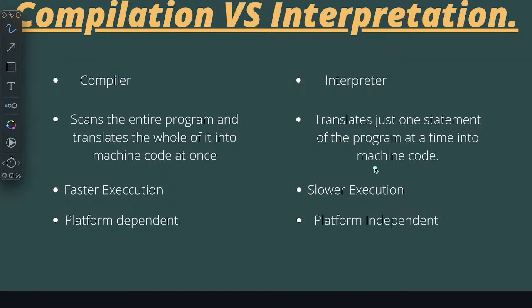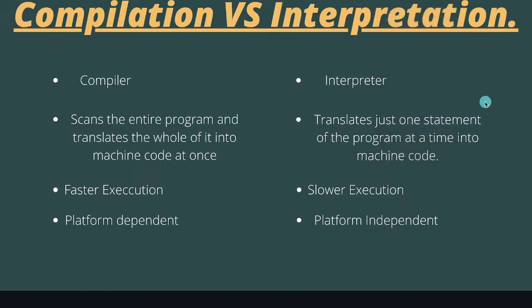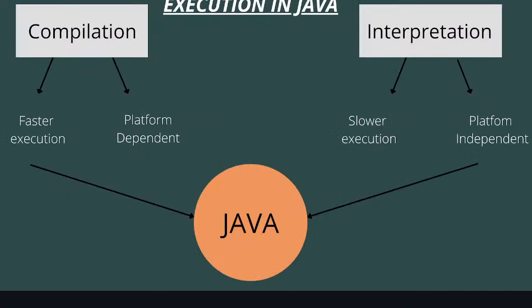In our next slide we'll discuss how Java achieves platform independence, and how Java is very fast as well, because we have already discussed that Java is fast and platform independent.